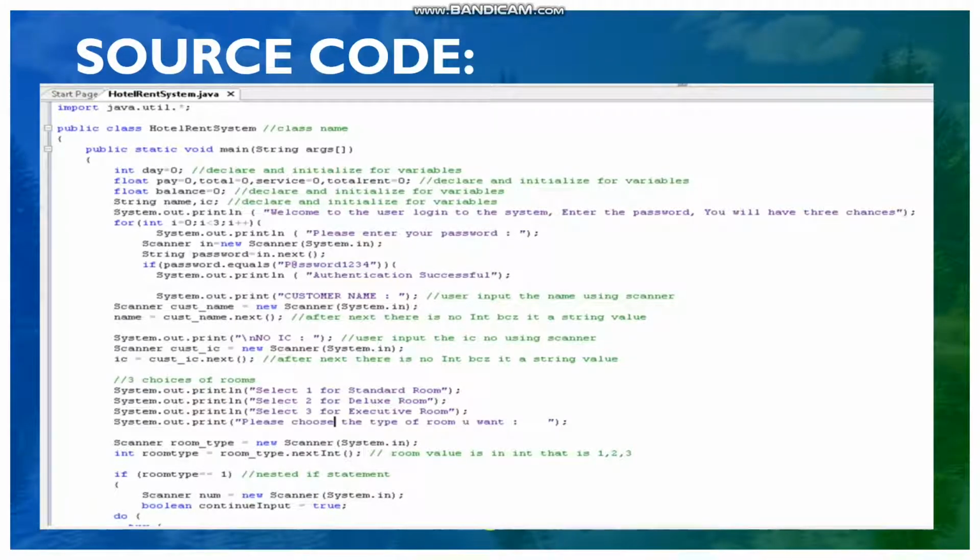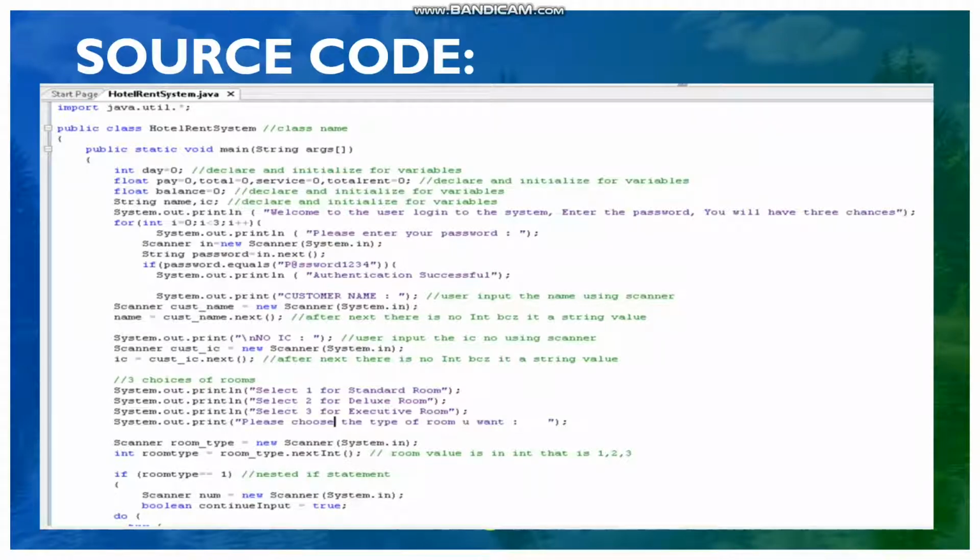Then we have to add a password, such as 1234, so that the authentication will be successful. Our user inputs the name using Scanner as customer name, so name equals customerName.next.